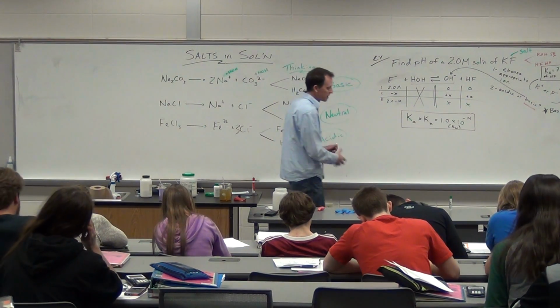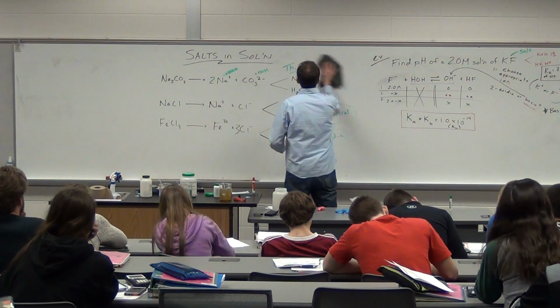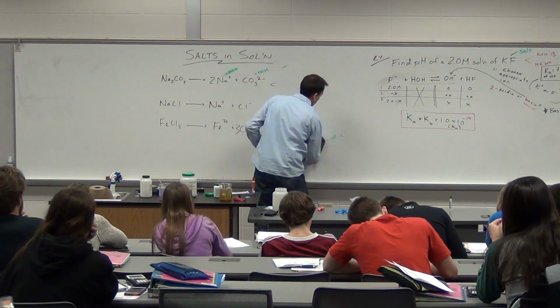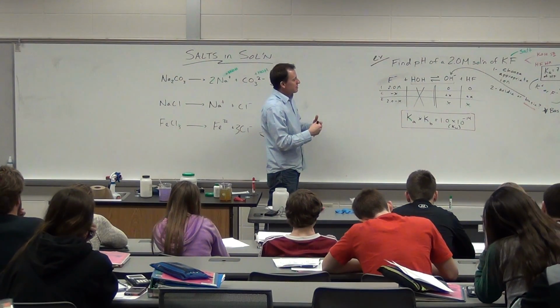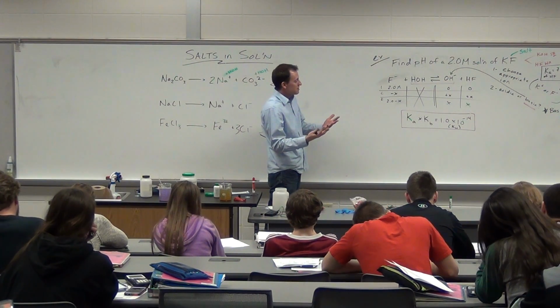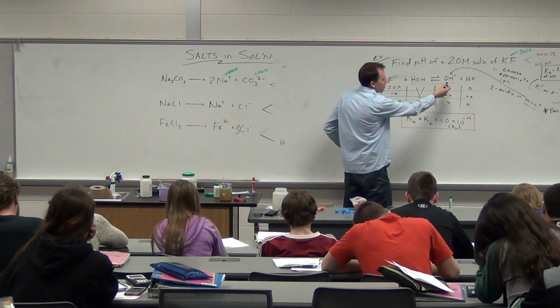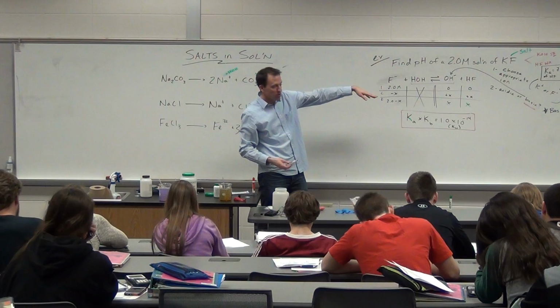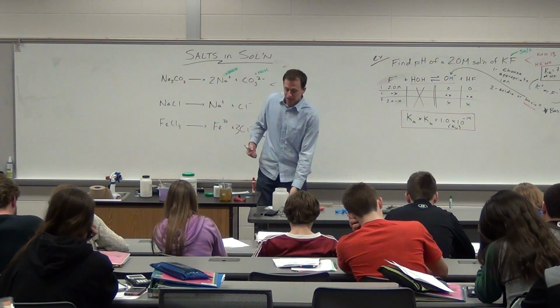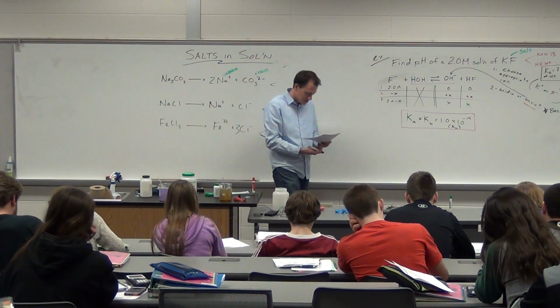So I guess we got to jump into a couple things at once here. I'm just going to erase this part. I don't want to get too low on here. So I need a Kb. I need this equal to Kb because I'm solving for OH minus. So you could plug that in. You put 1.0 times 10 to the negative 14th over my Ka, right? And you could just jump in right there.